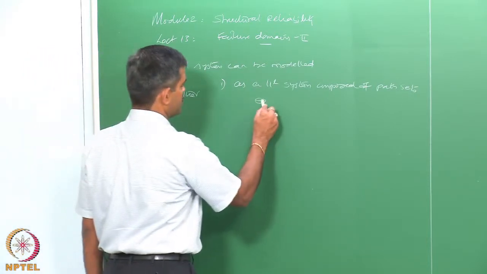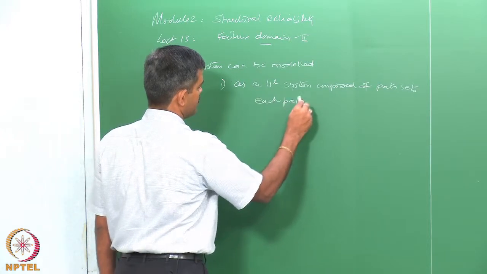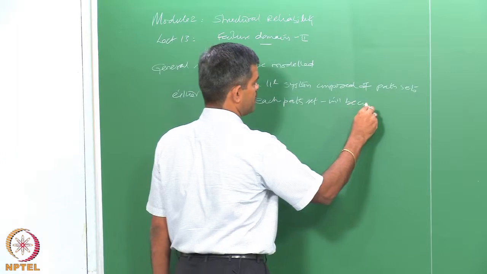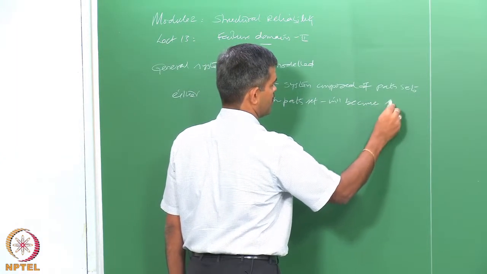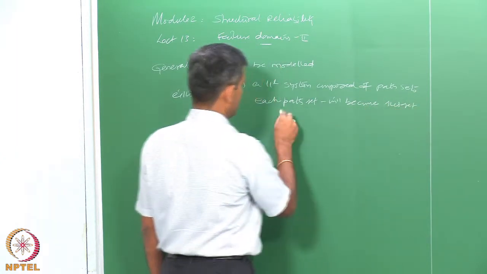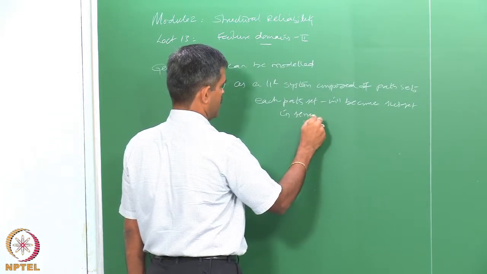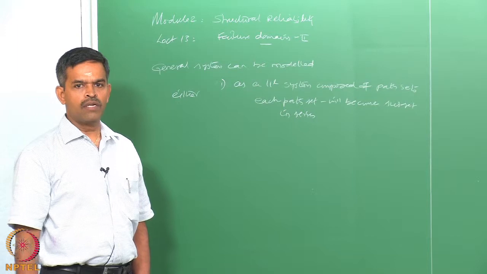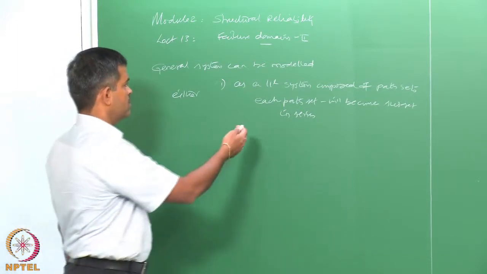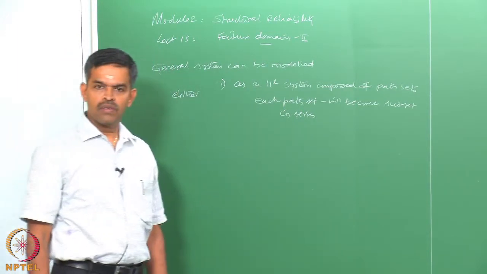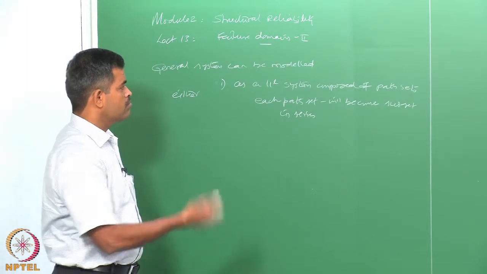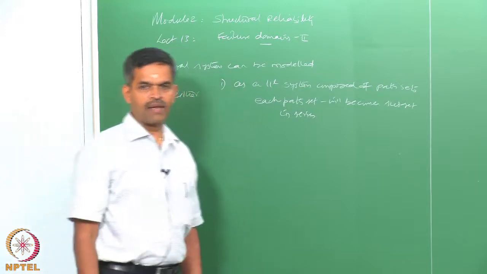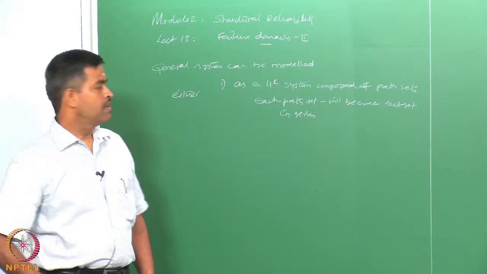So, each path set will actually become a subset in series. Alternatively, one can also look for a series system composed of subsets or cut sets. Each cut set will become a subset in parallel, as we saw in the last example.